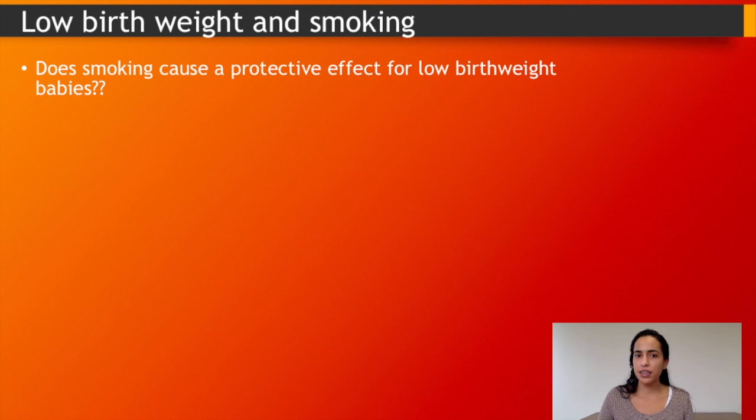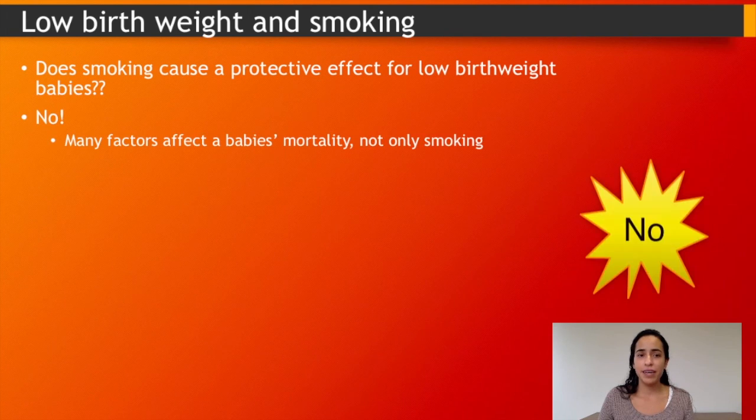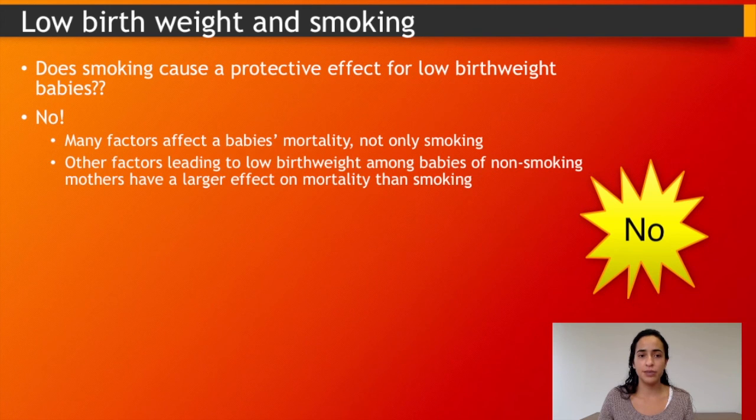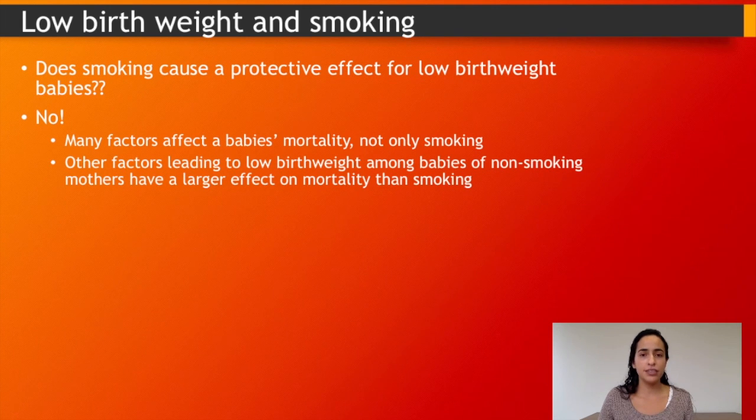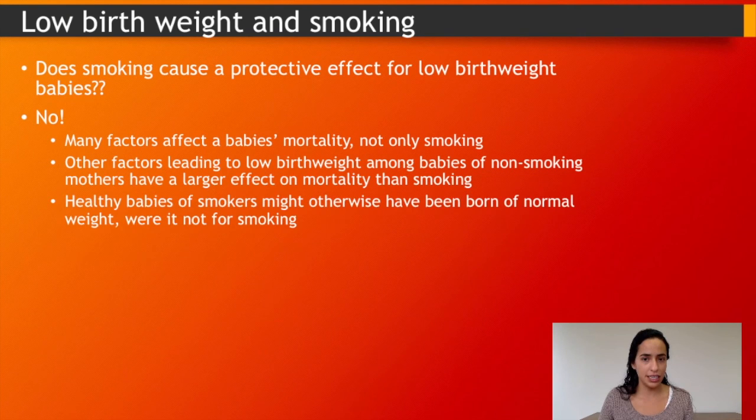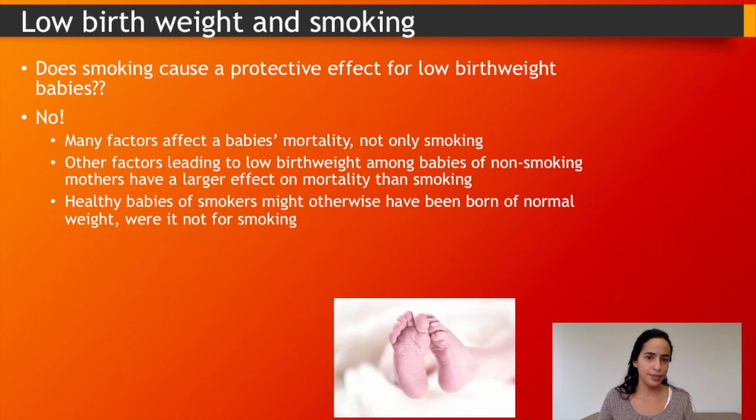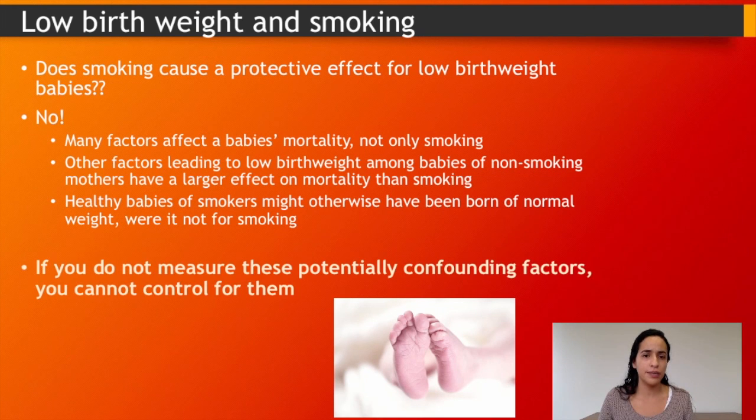So, does smoking cause a protective effect for low birth weight babies? The answer is no. Many factors affect a baby's mortality, not only smoking. And other factors leading to low birth weight among babies of non-smoking mothers have a larger effect on mortality than smoking. And healthy babies of smokers might otherwise have been born of normal weight were it not for smoking.